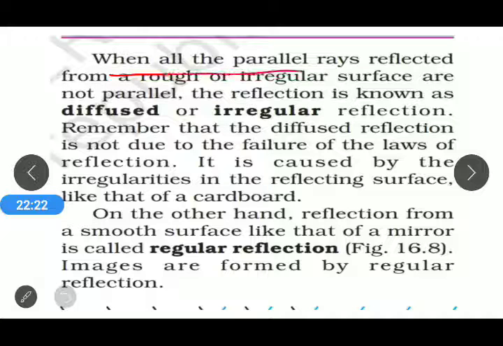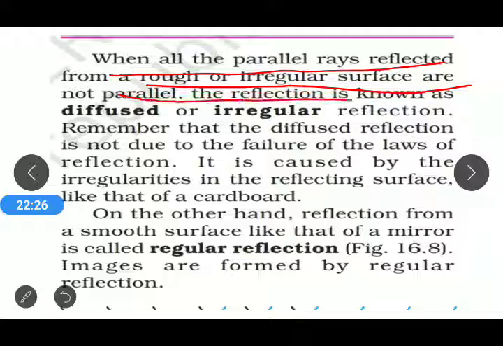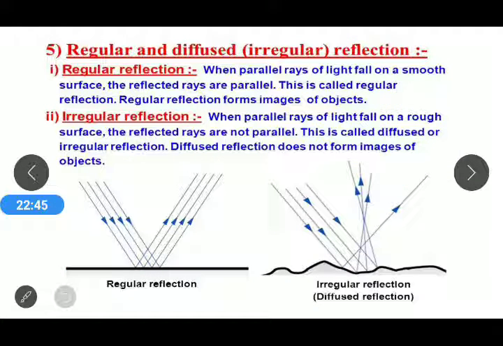When parallel rays reflected from a rough or irregular surface are not parallel, the reflection is known as diffused or irregular reflection. That is the definition of irregular or diffuse reflection. On the other hand, if the reflection is from a smooth surface like a mirror, then it is called regular reflection.